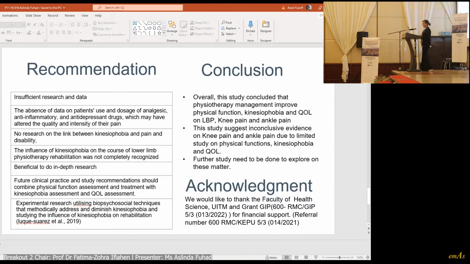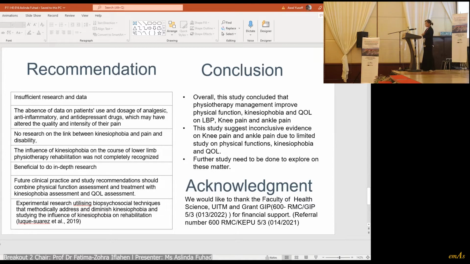Experimental research utilizing BPS, which is biopsychosocial techniques, that methodically address and diminish kinesiophobia, and studying the influence of kinesiophobia on physiotherapy rehabilitation management. So my conclusion, overall, these 4 studies concluded that physiotherapy management improved physical function, kinesiophobia, and quality of life in lower back pain, knee pain, and ankle pain.